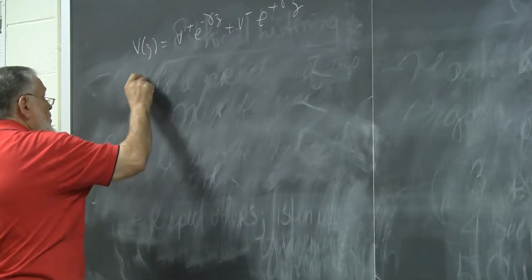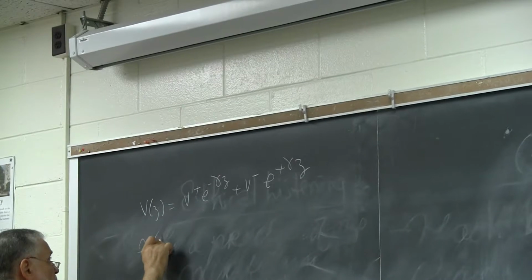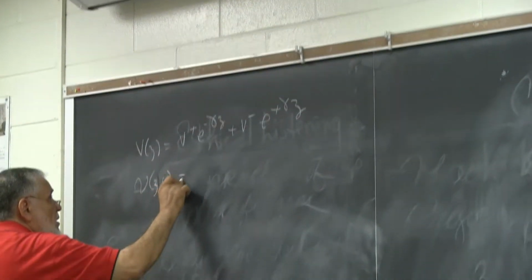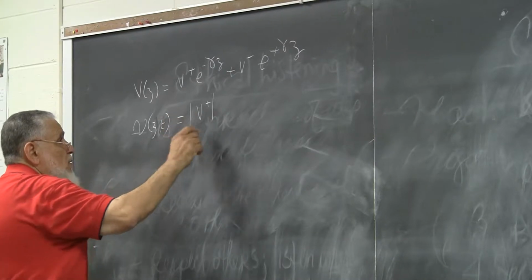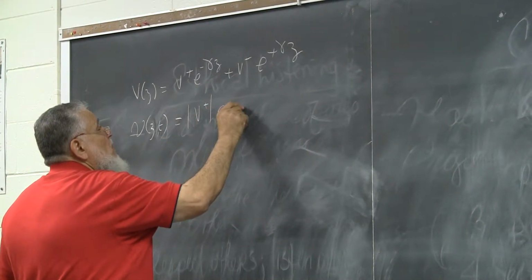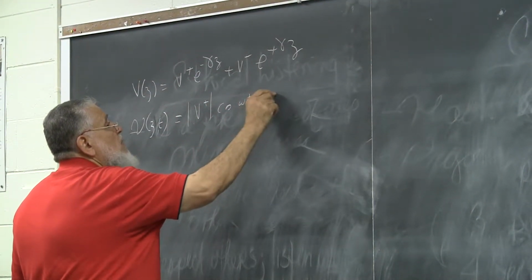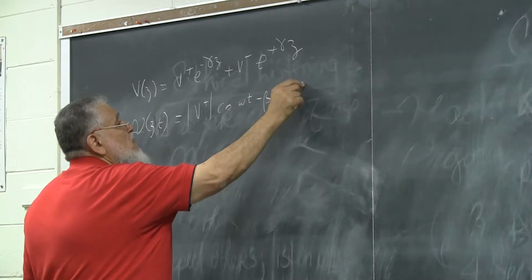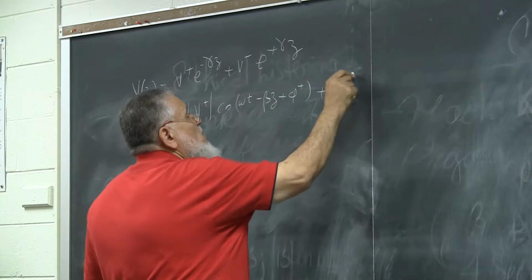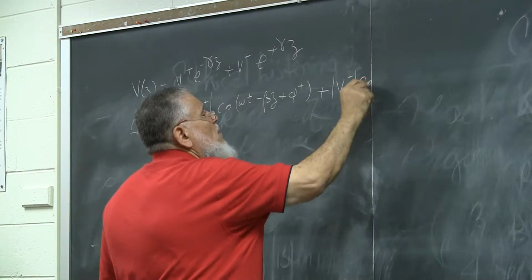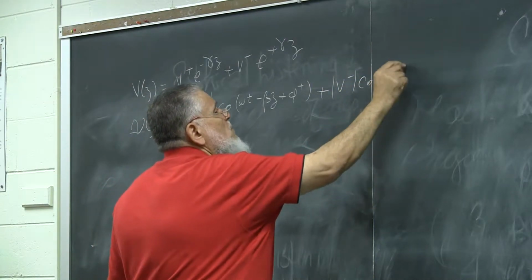And the solution in the time domain, v of z and t, was V plus magnitude cosine of omega t minus beta z plus V minus cosine of omega t plus beta z.